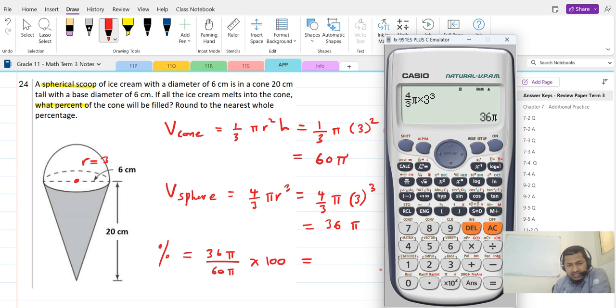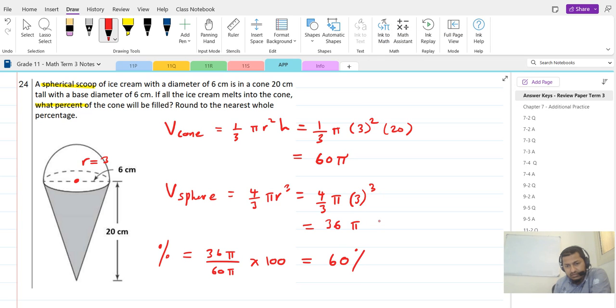So we can cancel out the pi, so you can just say 36 divided by 60 times 100. So that's giving me 60%. If you had some decimal values, you would still have to round off. Because of the way this question was structured, they didn't have decimal values. That's why it said round to the nearest whole percentage. Alright, so that's the answer, 60%.